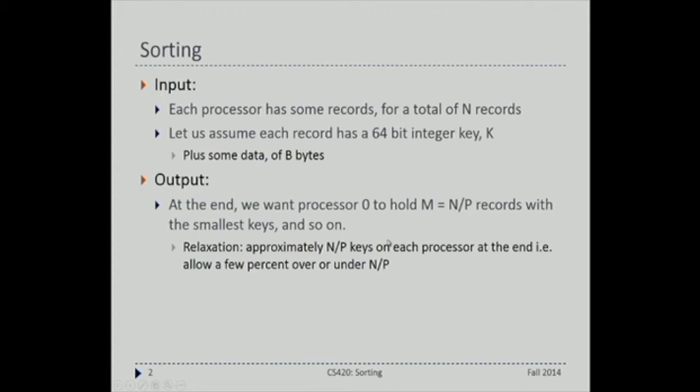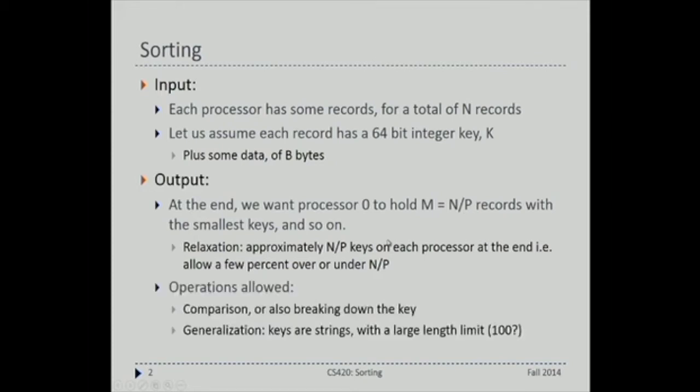For it to be 1% off is probably acceptable, because you'll get 1% load imbalance through other means, just through sheer noise, variation in various computations. So maybe a couple percent off from the ideal size of N over P is what we should be willing to accept. And if we do, the question becomes how that relaxation can be leveraged to optimize the execution of your algorithm. Those are some of the considerations to keep in mind as we look at different algorithms.